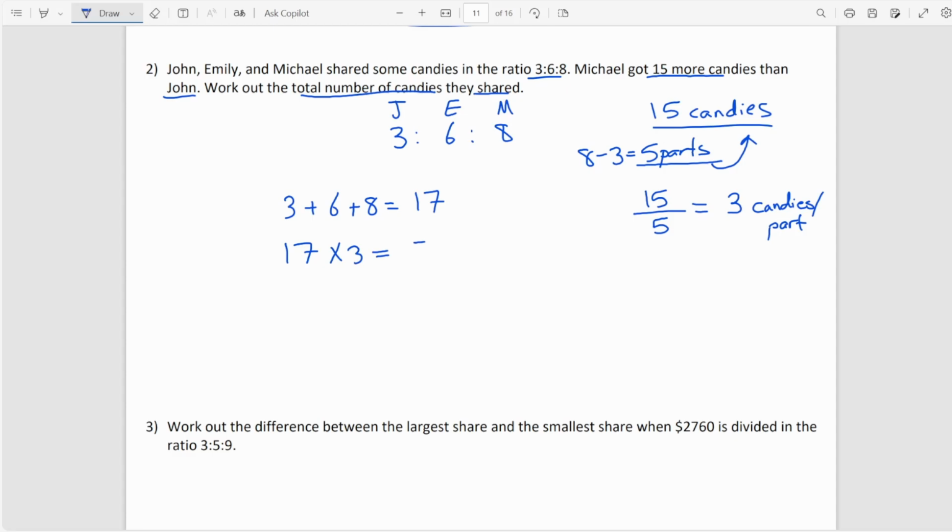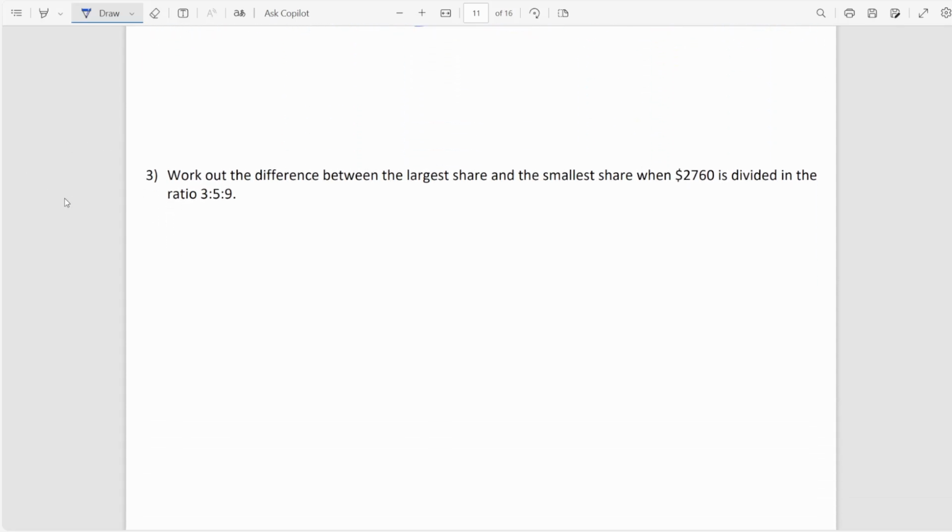And this will give you 51 candies, okay? This is the total number. Now again, if you wanted to do 3 parts times 3 candy per part, that gives you 9, and then 6 times 3 will give you 18, and then 8 times 3 will give you 24. Add all those numbers, you will also get 51, okay? And it's a valid method, it works.